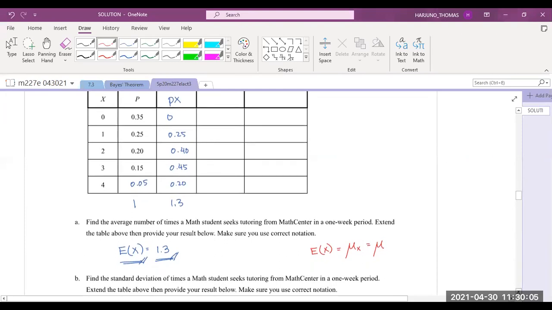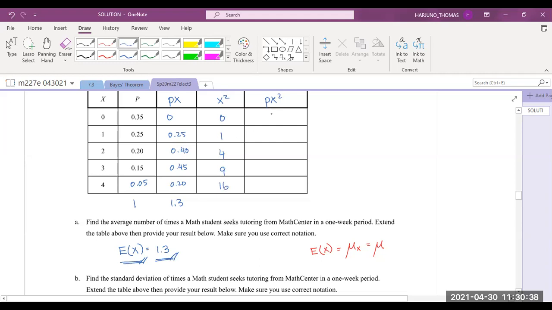Now, part B, find the standard deviation of times a math student seeks tutoring from Math Center in a 1-week period. Extend the table above, then provide your result below. Make sure you use correct notation. So actually for standard deviation, I need to do x squared, right? X squared, times p. That's 0, 1, 4, 9, 16.